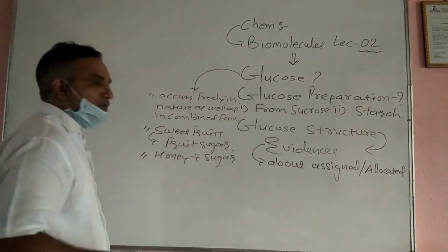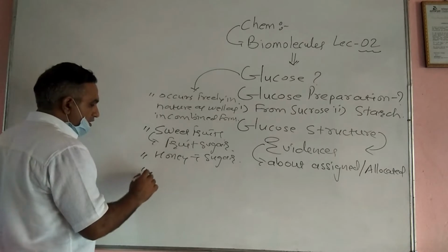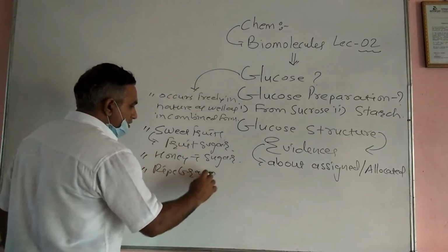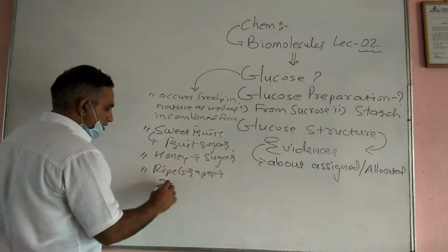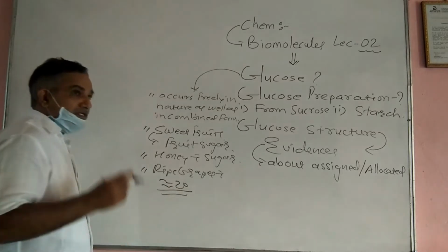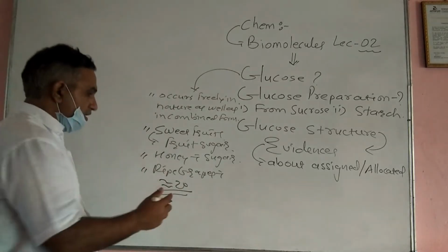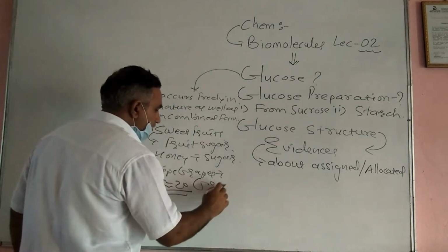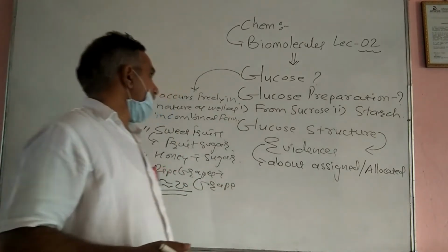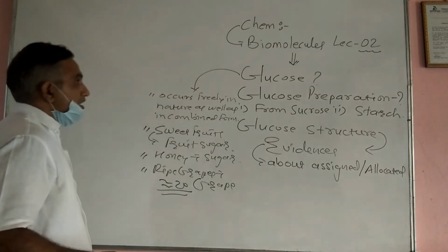Glucose is also present in ripe grapes, approximately 20%, so that is termed grape sugar. So this is the natural availability of glucose in different forms.